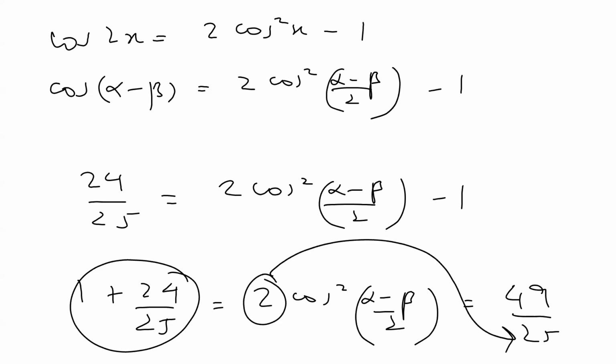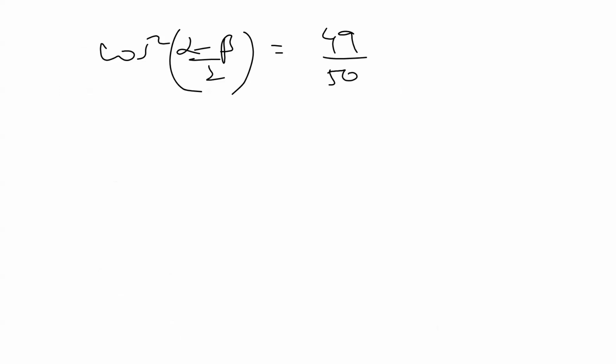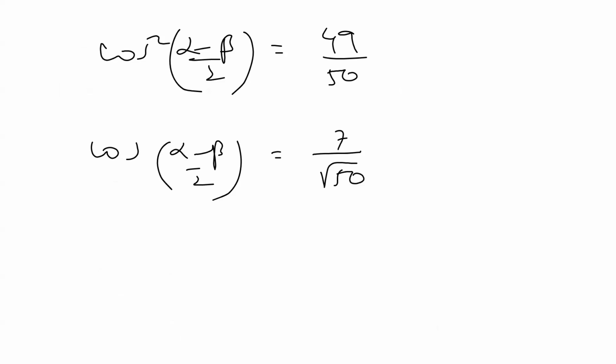That 2 you can take over here. So cos square (alpha minus beta) by 2 is going to be 49 by 50. Okay. So cos (alpha minus beta) by 2, take the square root, 7 upon root 50. 7 upon root 50 is 7 upon 5 root 2. You can rationalize that, you'll get the answer.